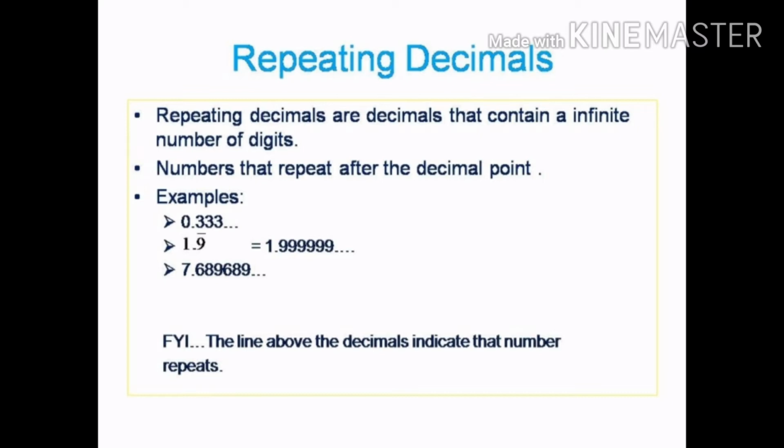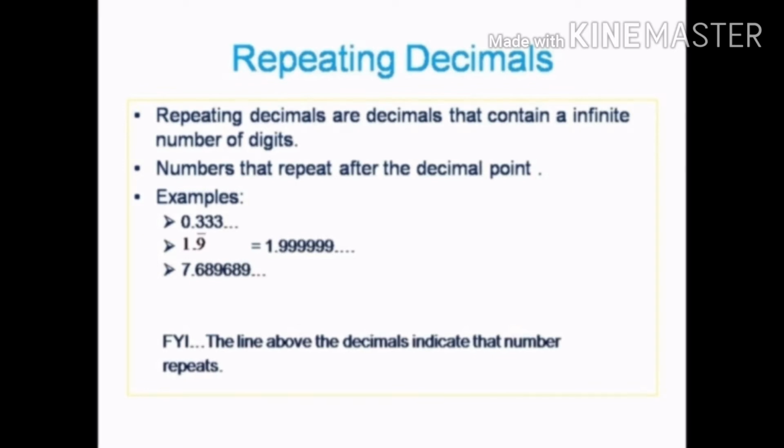See the example 0.333 and so on; we can write that as 0.3 bar. How many digits are repeating here? Only one digit, which is 3. So we write that as 0.3 bar. See the next example, 1.9 bar, which means 1.9999. Only 9 is repeating here.